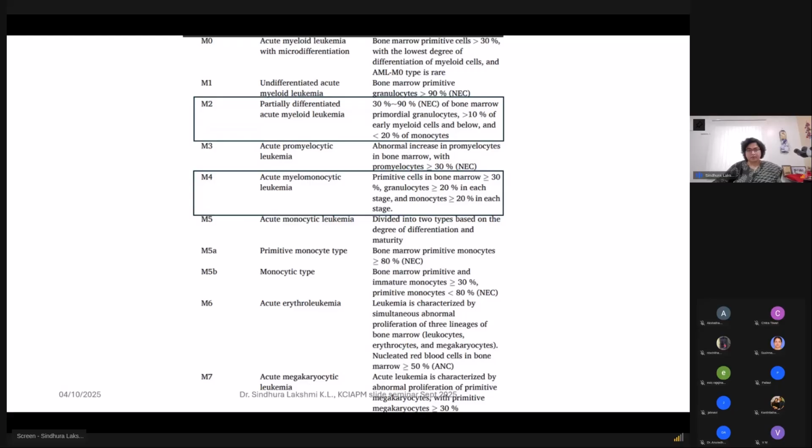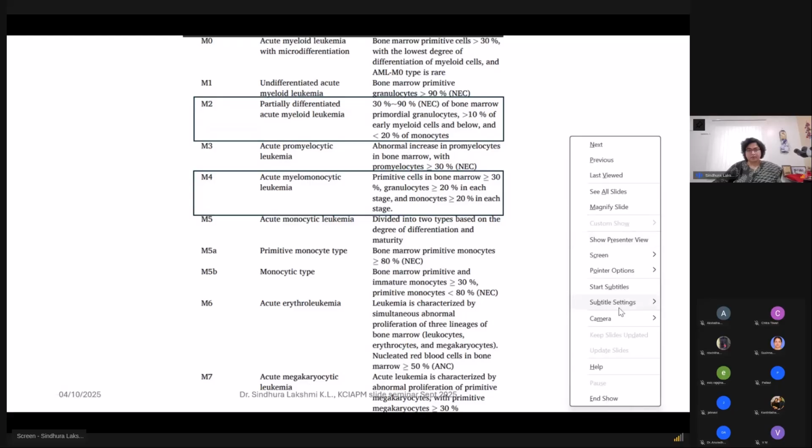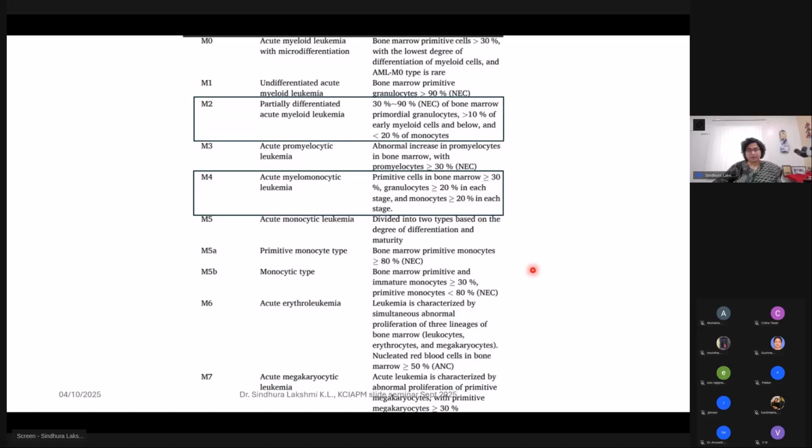Even here you can see there is NEC, which means non-erythroid cell count, and there is also ANC, that is all nucleated cell count. Now uniformly the guidelines say that you must do all nucleated cell count, including the erythroids. So all the current classification is based on all nucleated cell count.